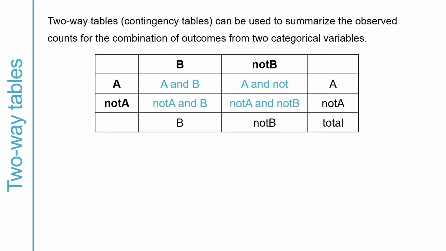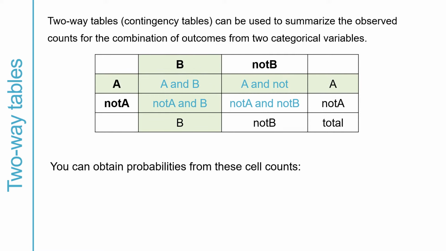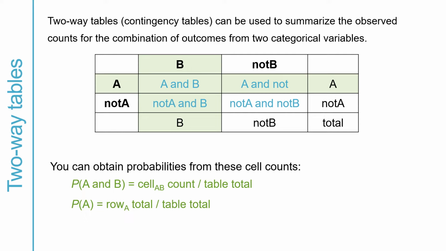We saw that probabilities can be computed very easily from such a format. For example, the probability that a randomly selected individual would have both the A and B features can be computed as the number of individuals that have both A and B features, the cell count, divided by the table total, the number of individuals in the entire data set.